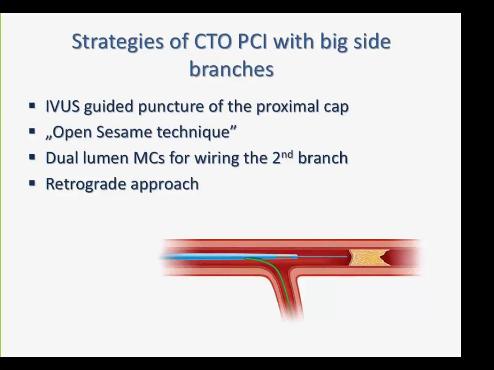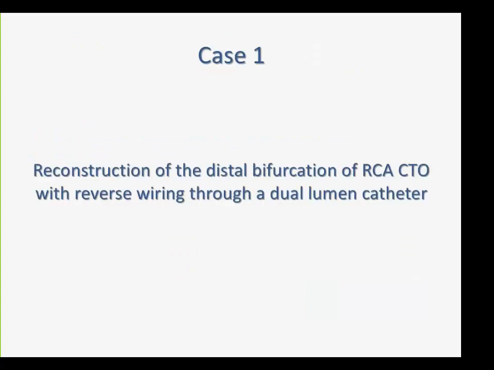I don't want to speak too much on these catheters because recently Freddy Galassi had a presentation on this platform on them. And of course, the retrograde approach: the side branch is an important predictor why we should choose a retrograde approach with the CTOs and side branches.